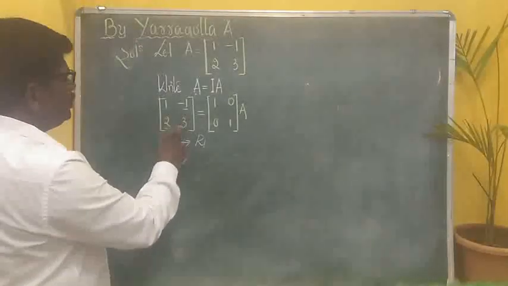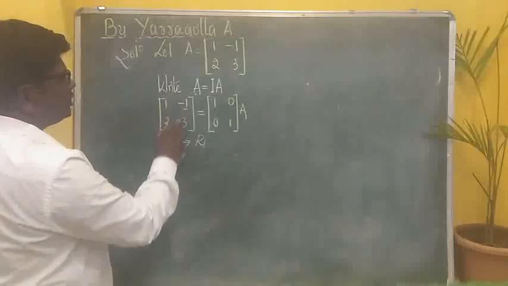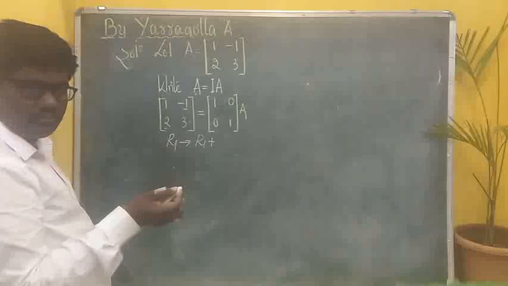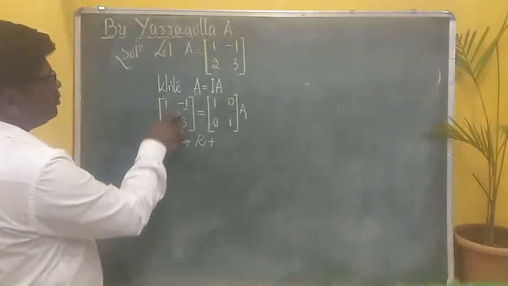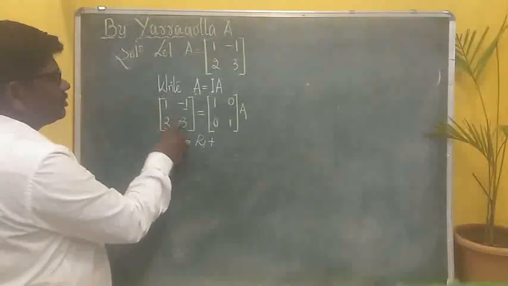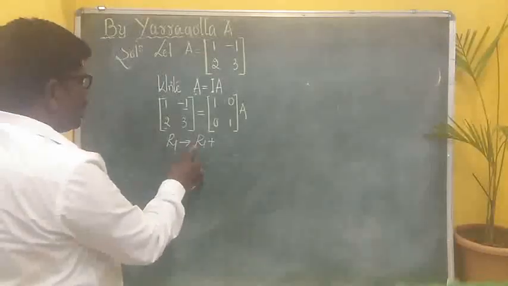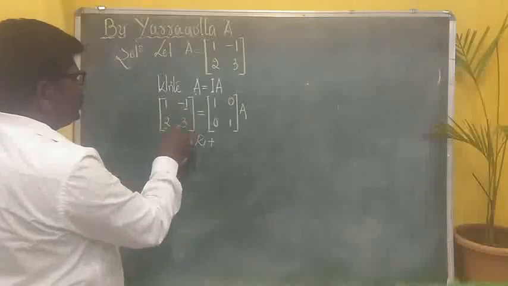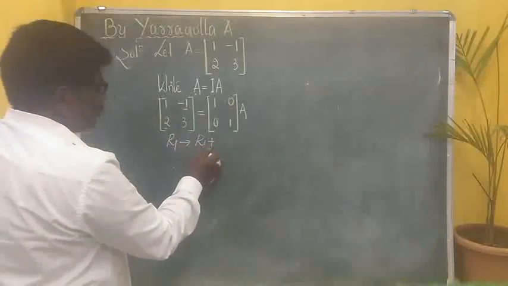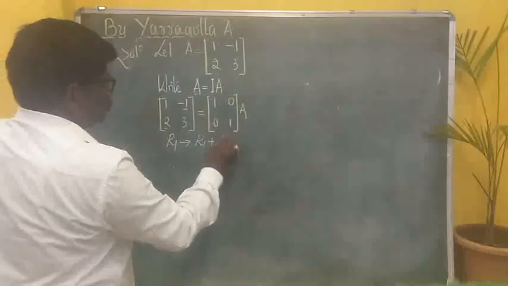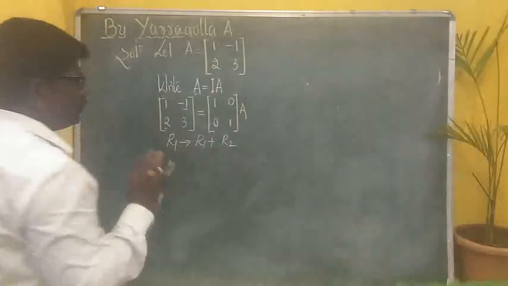If these two are opposite signs, then you should put a plus sign here. Suppose these two have the same signs, then there is a minus sign. That much only is the difference. So R1, and because these are opposite signs, I put a plus sign and R2. This is the first rule.